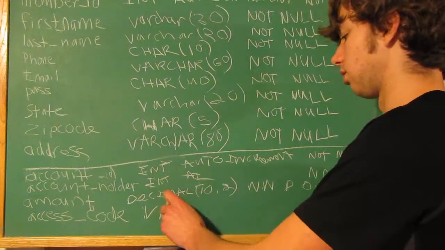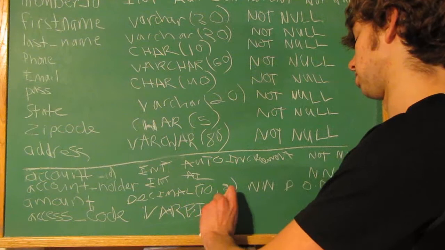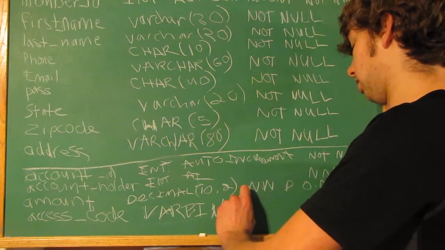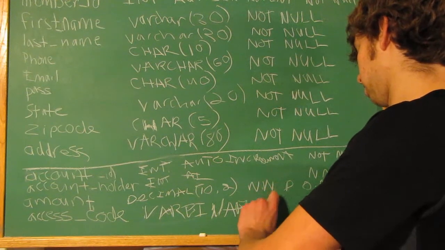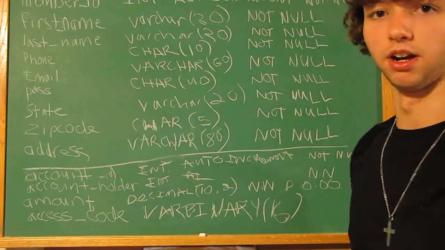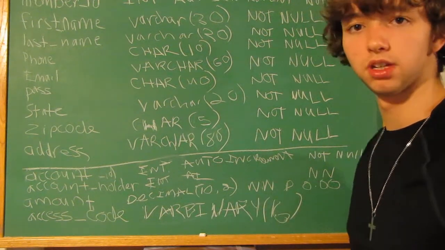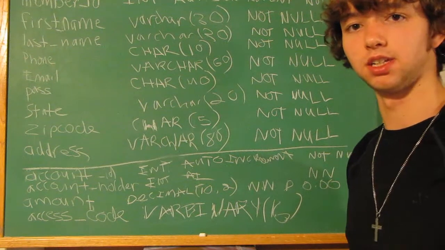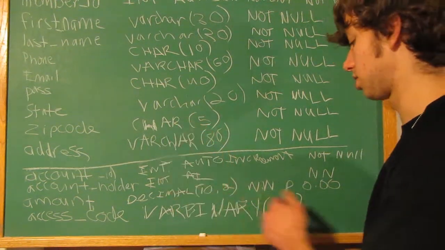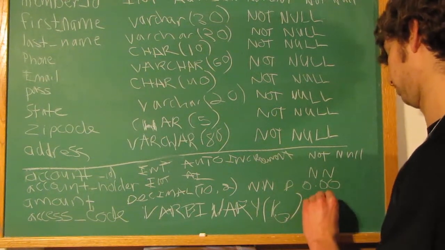So the access code is actually going to be varbinary 16. That is because the encryption, AES encrypt, gives you back a 16-byte binary value. So you want this to be varbinary, and we're going to make this not null.